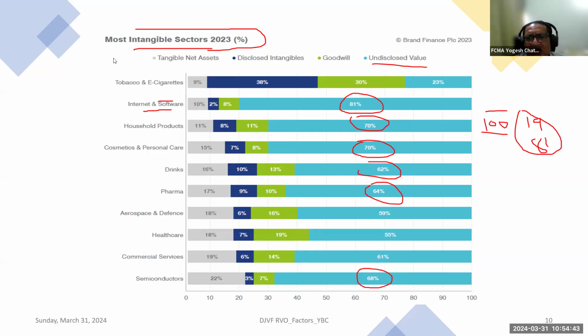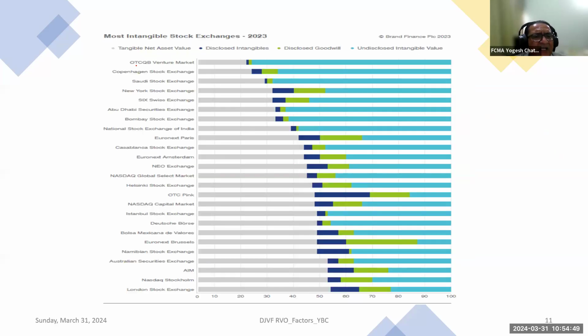That is very important, the undisclosed value of intangible asset. And if you are interested to know, these are the most intangible stock exchanges, and you will find that both our stock exchanges, NSE and the Bombay Stock Exchange, are part of this list.